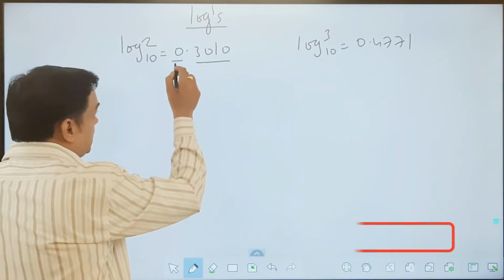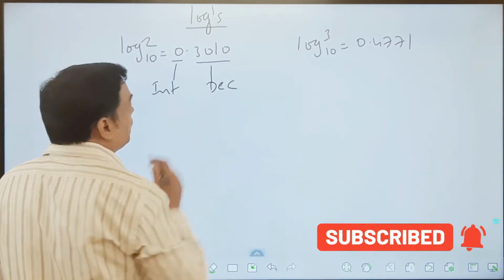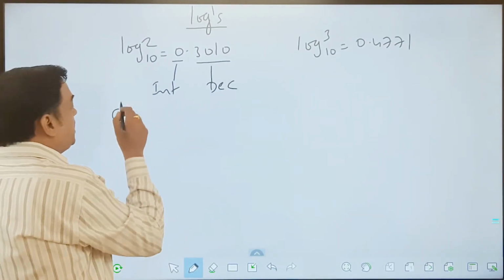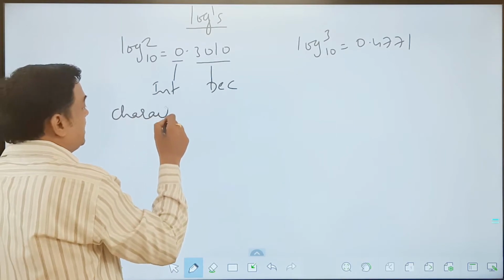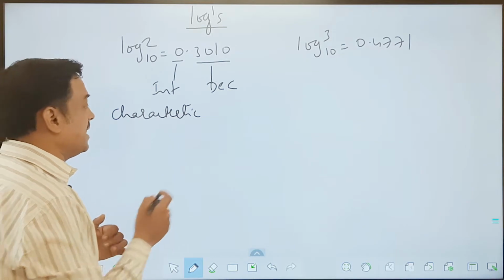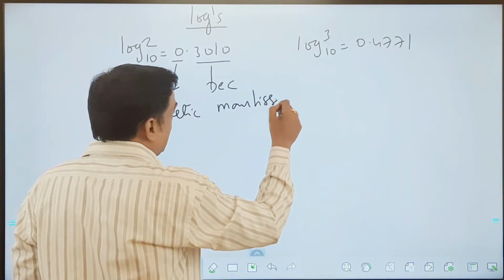This is the integral part of the value and this is the decimal part. This integral part is known as characteristic, and the decimal part is known as mantissa.